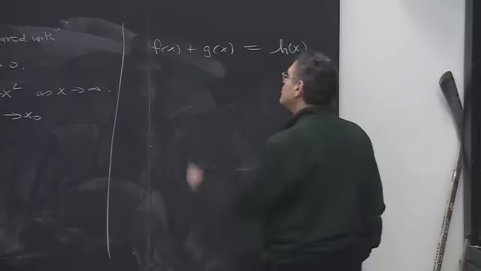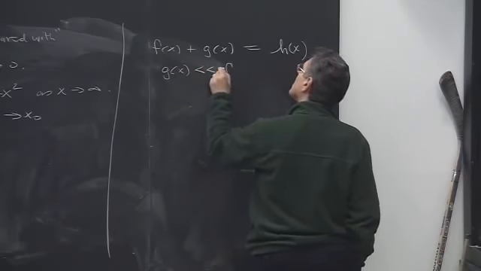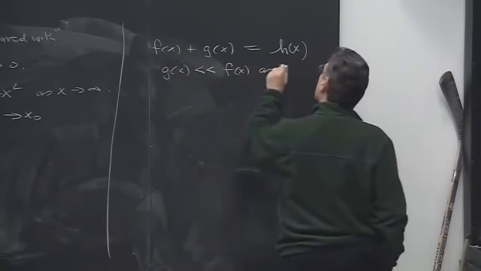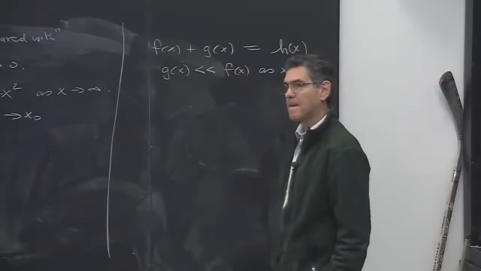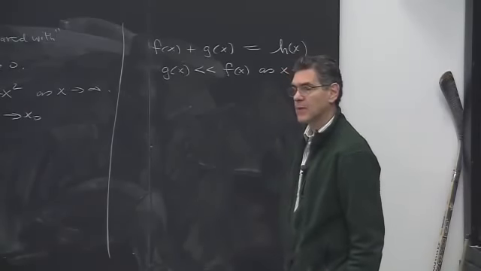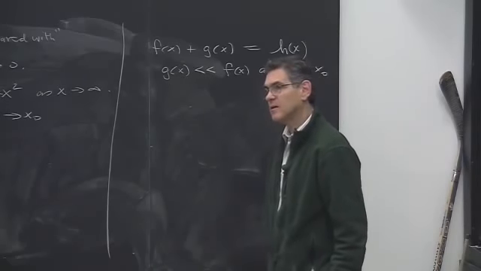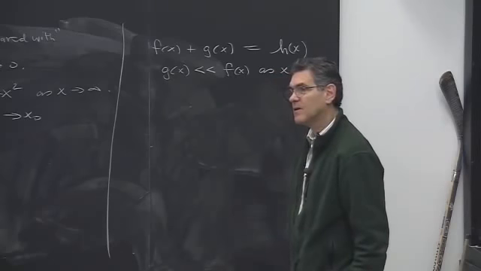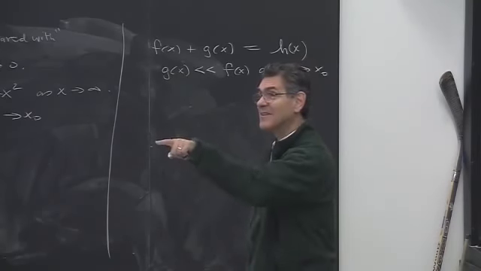And suppose g of x is negligible compared with f of x as x approaches x naught. Suppose that's true. Okay? What can you then say? I heard you say it exactly right. Somebody whispered it. But f is asymptotic to h.